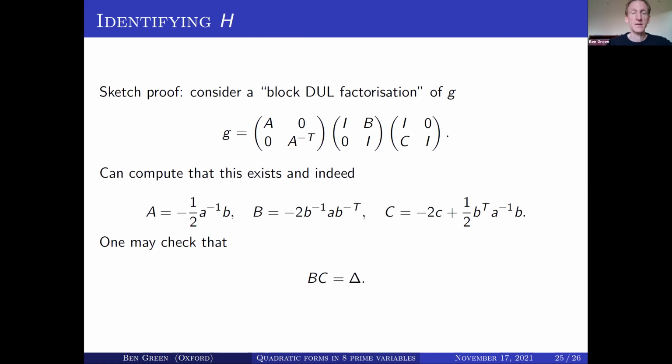The reason is that you can do what I call a block DUL factorization of an arbitrary element of the symplectic group. So you can write it as diagonal times upper triangular times lower triangular. That always exists, and you can compute what the A, B's, and C's are quite explicitly. And it turns out that the product of B and C is this discriminant delta.